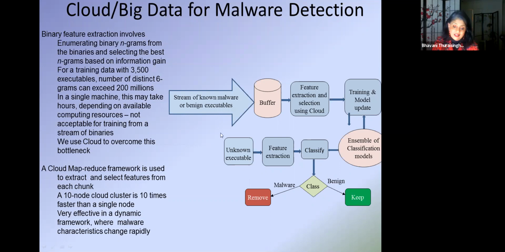The main point here is that we are using the cloud to improve the speed, because we need to rapidly detect, right? That is the challenge. And the cloud is providing that. Here we say the cloud is providing us with security as a service, just like it's providing us with infrastructure as a service.